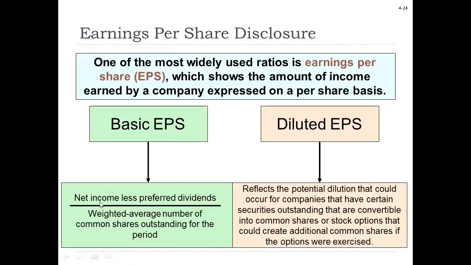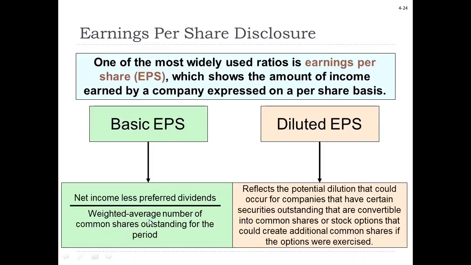So you take the net income less preferred dividends, and you divide by the weighted average number of common shares outstanding. If the number of shares of common stock does not change through the year, then the denominator is simply the number of shares that were outstanding for the whole year.